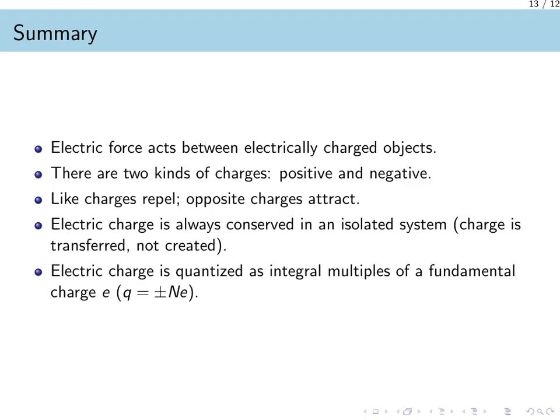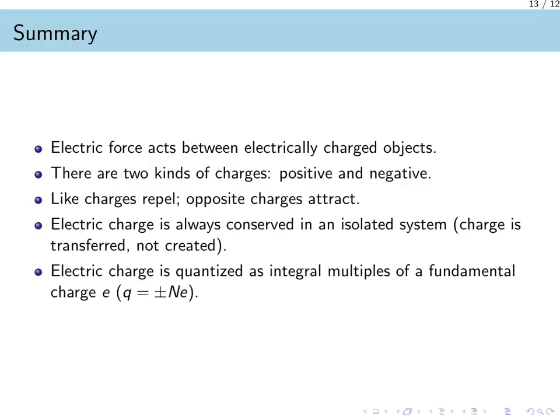To summarize what we have covered, we established that the electric force is the specific force that acts between electrically charged objects. We learned that there are precisely 2 kinds of electric charges, positive and negative. A fundamental rule governs their physical interaction: like charges will always repel each other, whereas opposite charges will always attract each other. Furthermore, we discussed 2 vital physical principles.